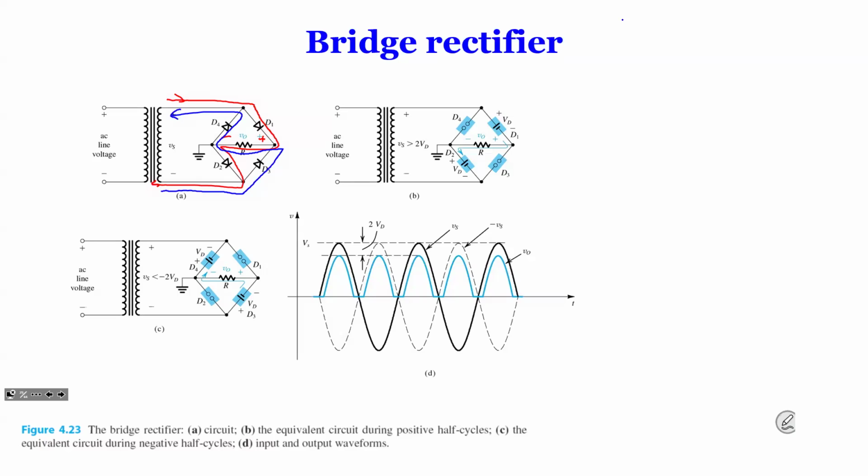When it's positive, you go through D1 and D2, or when negative, you go through D3 and D4. But the voltage drop is 2 times VD. Therefore, your output peak VO is Vin peak minus 2 times VD. And if we draw the curve, it's going like this.